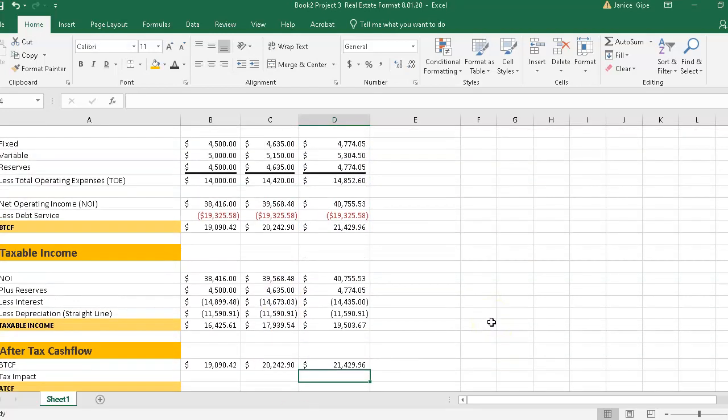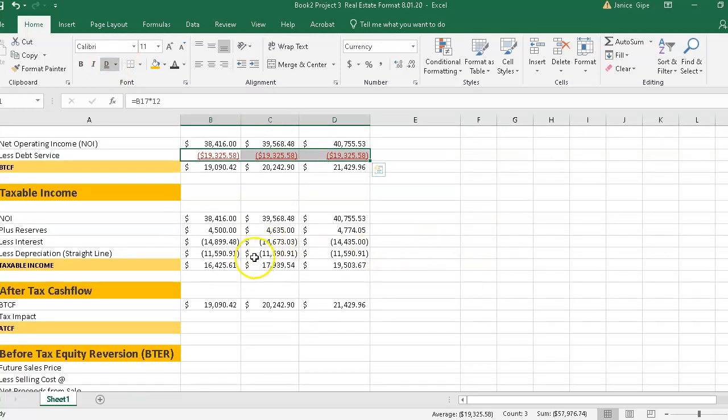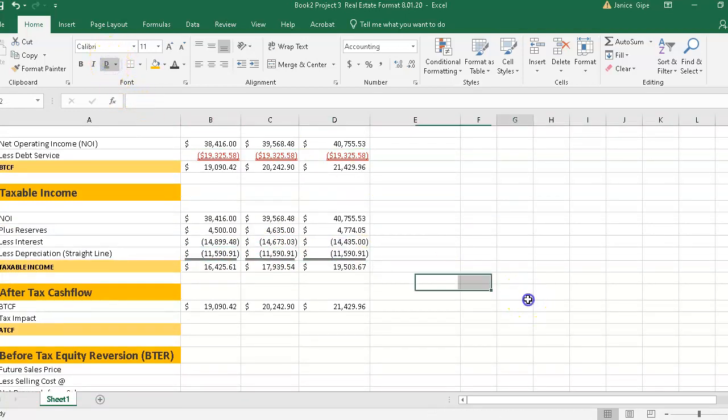We're going to clean this up just a little bit. Let's underline this, and then underline these as well.